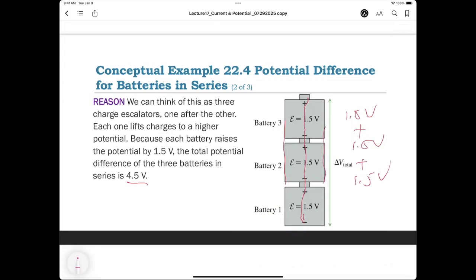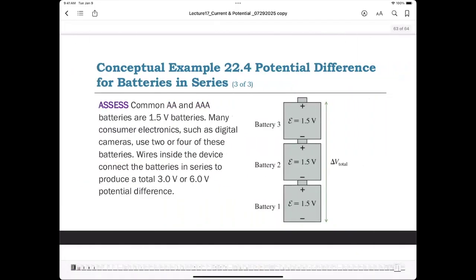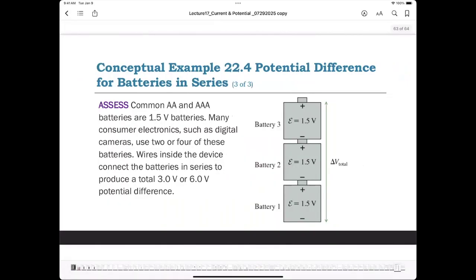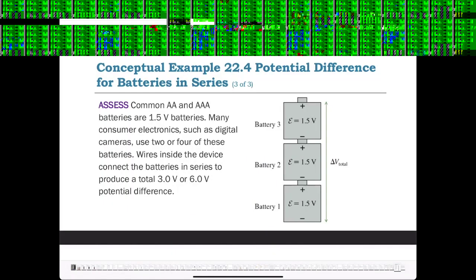If you observe carefully, two 1.5 volt batteries form a 3 volt battery. Common AA and AAA batteries are 1.5 volt batteries. Many consumer electronics, such as digital cameras, use two or four of these batteries, where wires inside the device connect the batteries in series to produce a total of 3 volts or 6 volts potential difference.